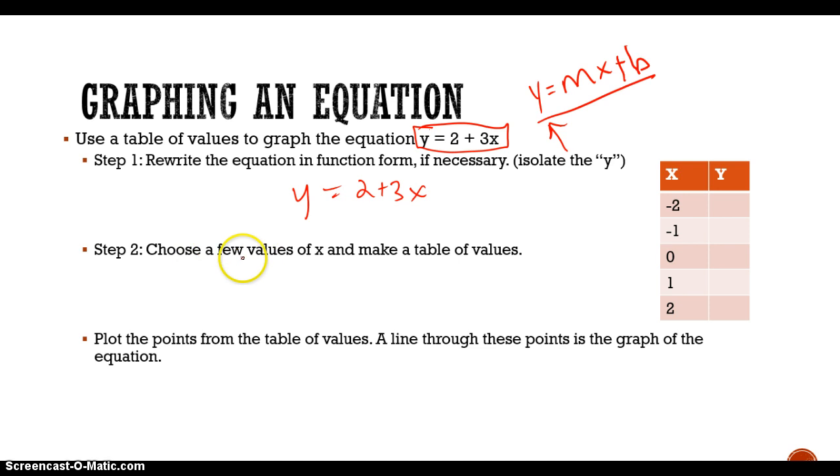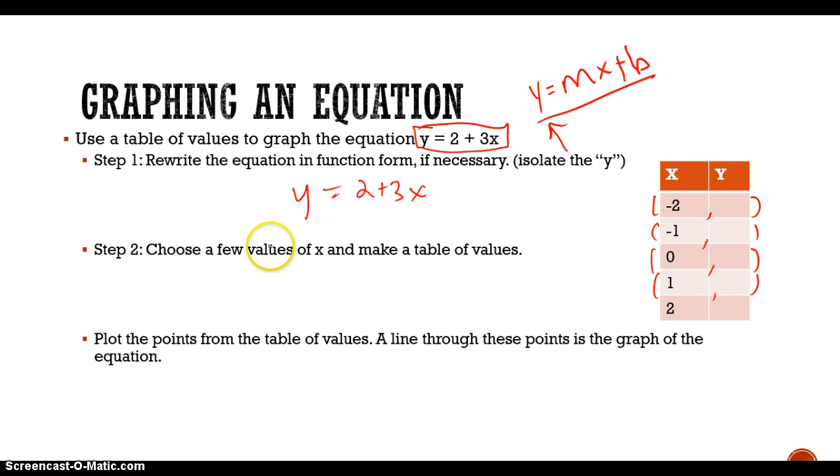Then you're going to choose a few values of x and make a table of values. So here's our x values: negative 2, negative 1, 0, 1, and 2. And now you have to pretend like this is an ordered pair. We're trying to figure out our y value in our ordered pairs. So we picked our x value, and now we have to select our y value by plugging these in.